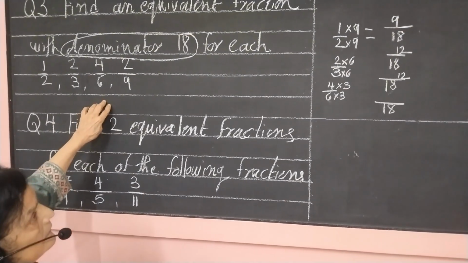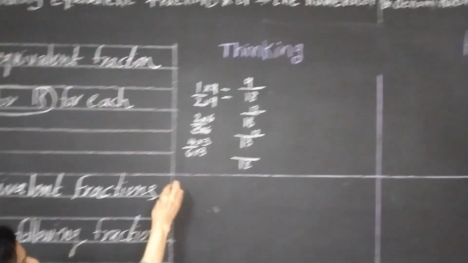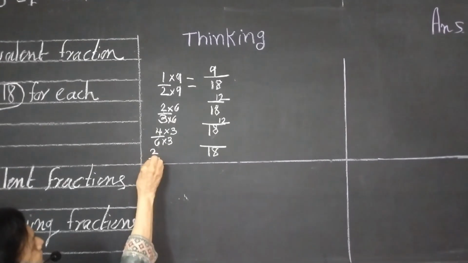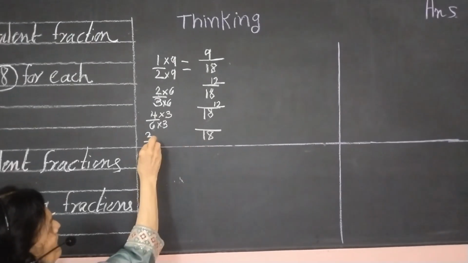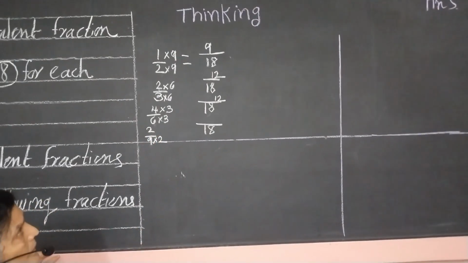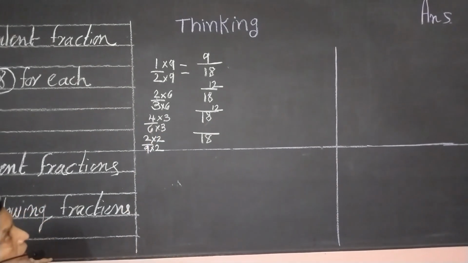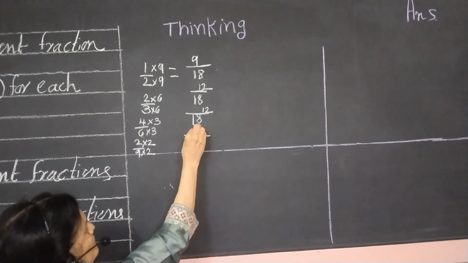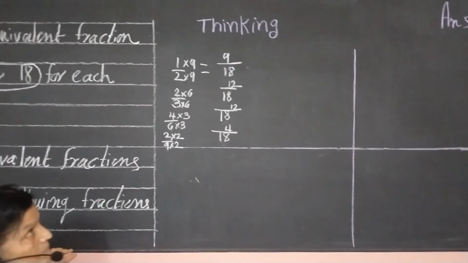Now next one. 2 upon 9. The denominator has to be converted into 18. This denominator will be multiplied by 2, and hence the numerator also has to be multiplied by 2. So here 2 2s are 4. 4 becomes the numerator in the last example.